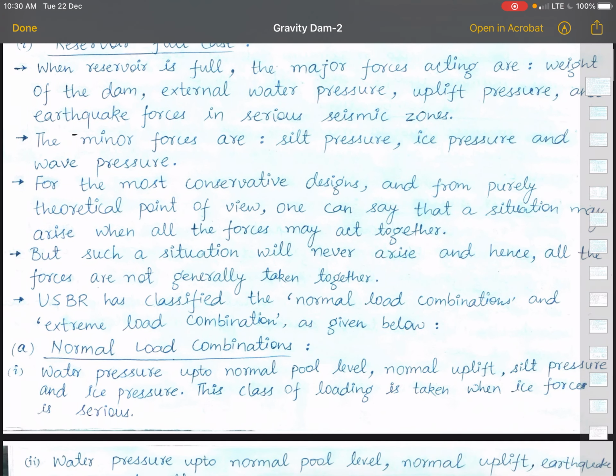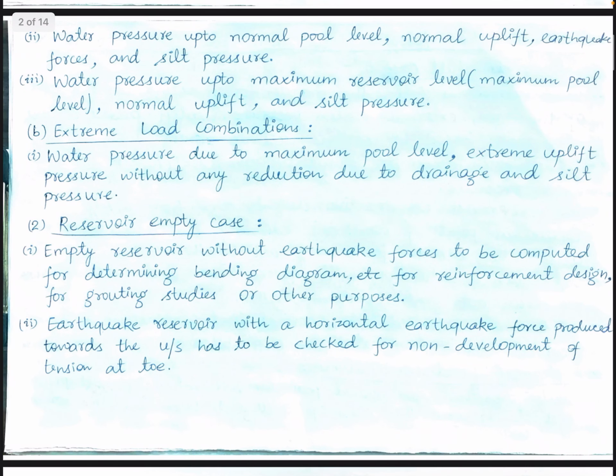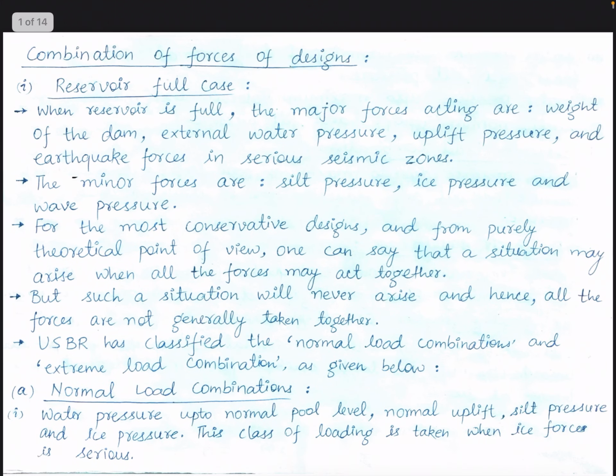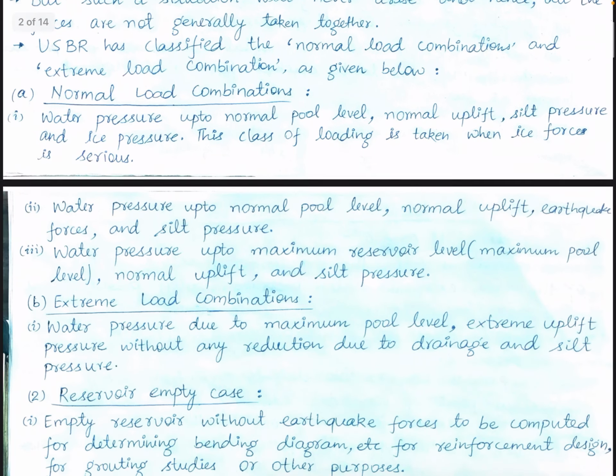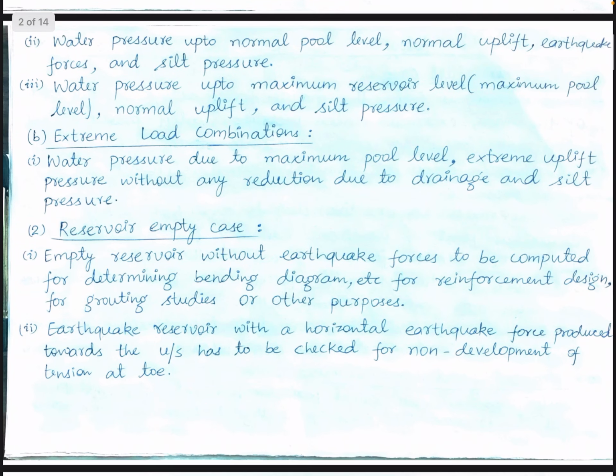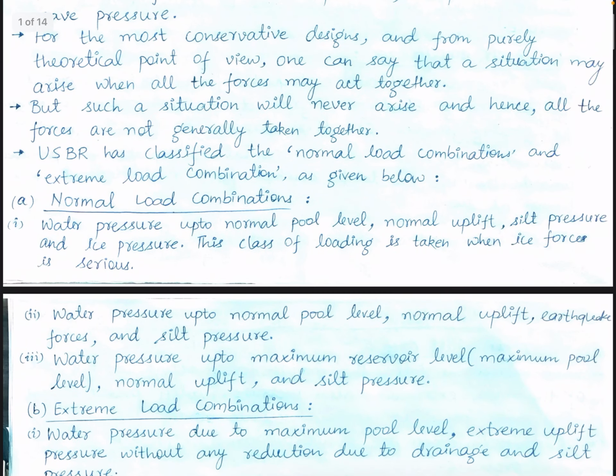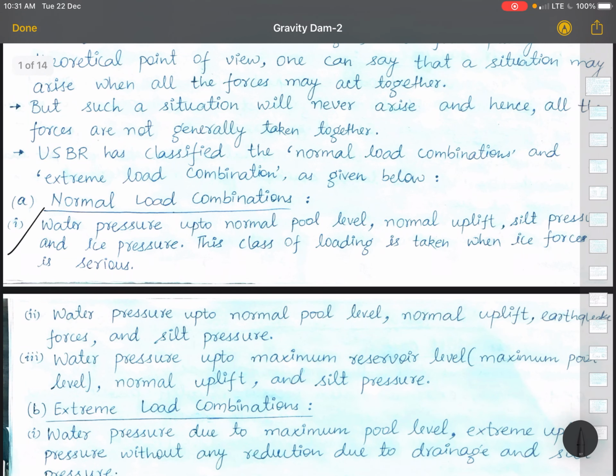So the first combination can be water pressure up to normal pool level, normal uplift due to this pressure, silt pressure and ice pressure. The second can be water pressure up to normal pool level, normal uplift, earthquake force and silt pressure.